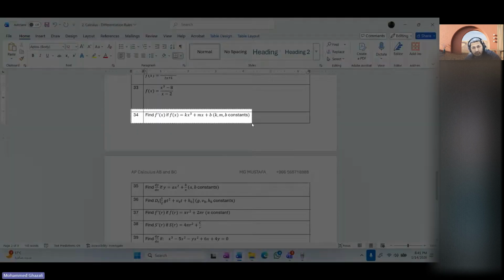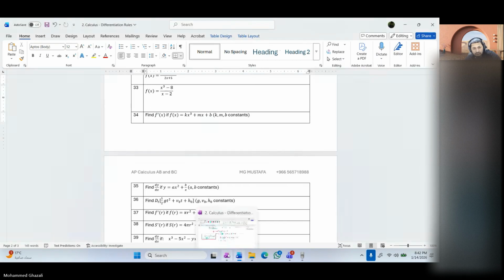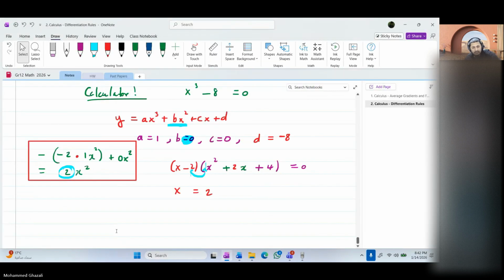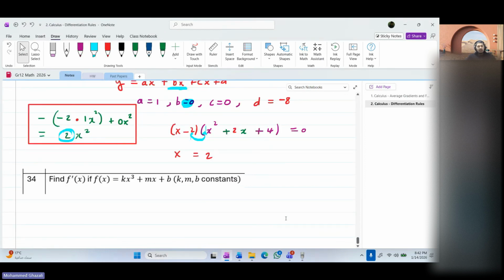Look at question number 34. Next question, question number 34. Find f prime x if f of x is equal to kx cubed plus mx plus b. They're telling us that k, m, and b are constants. So that's a constant, that's a constant, and that's a constant.